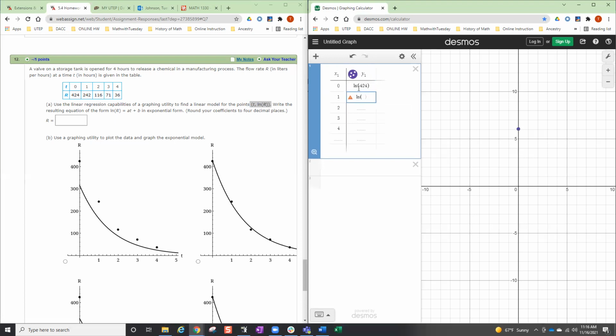So I'm taking the natural log of each of these. All right. And so you can see that they all line up really well. They end up being in a line, and the R values themselves, definitely not linear.